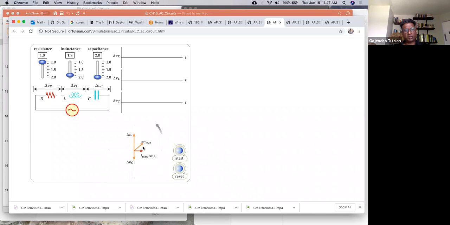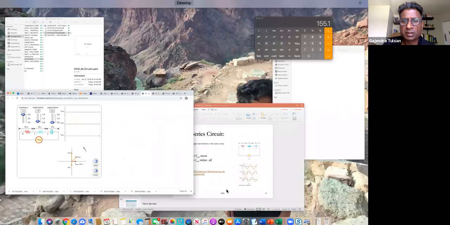The Y component of that is VL minus VC, and the X component is the voltage across the resistor, since the amplitude of the current and the voltage are the same, so the vectors are right on top of each other. Okay, so here's the total voltage.